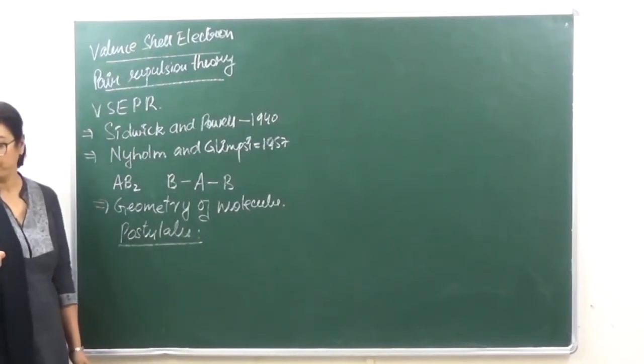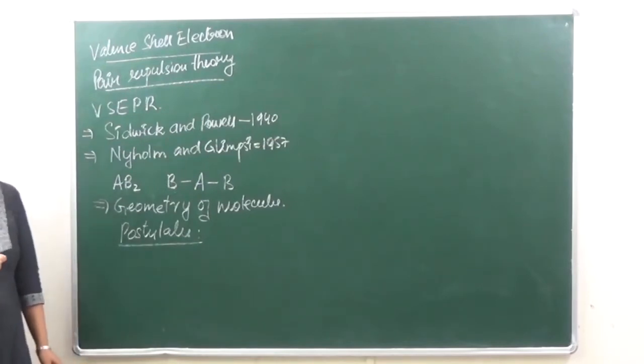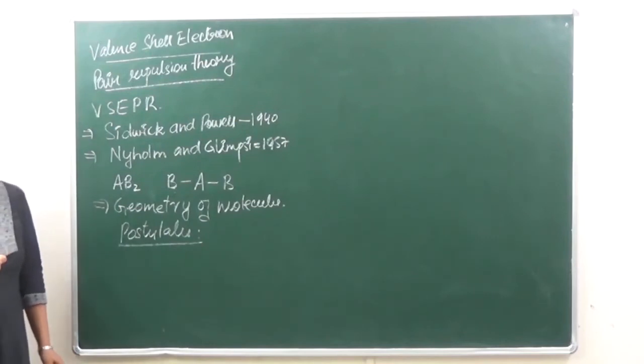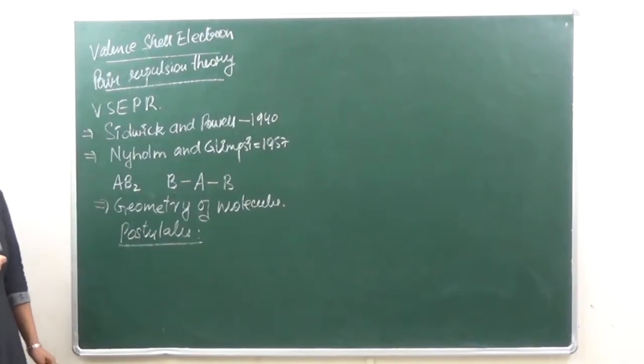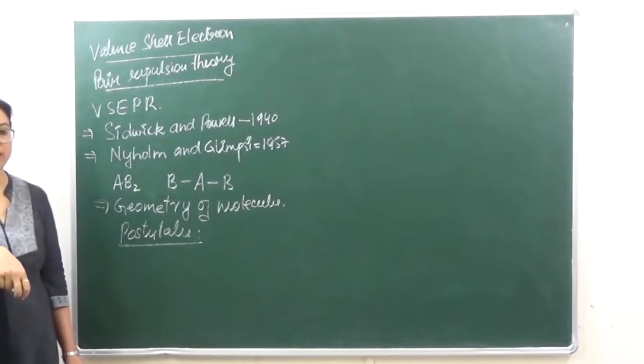Number three, the position of electron pairs in space around the central atom are such that they minimize the repulsions and maximize the distance between them.